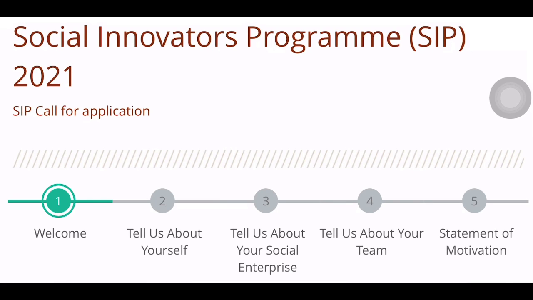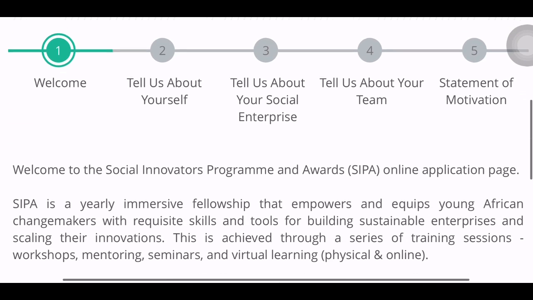The first one is the welcome menu as usual. The second is information about yourself. The third one is about your enterprise. The fourth one is about the team, which seeks to know the team that is spearheading or leading the innovation or the impact. And the last one is your statement of motivation.